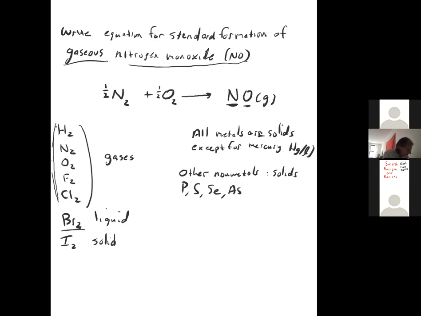Bromine is a liquid. Iodine is a solid. All the metals are solids except for mercury. And then all the other nonmetals are solids as well. So the only ones that are gases are these ones right here. And the only ones that are liquid, there's actually only 2 elements in the periodic table that are liquid at room temperature.